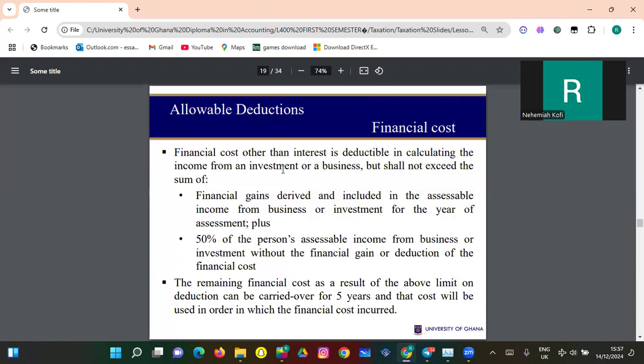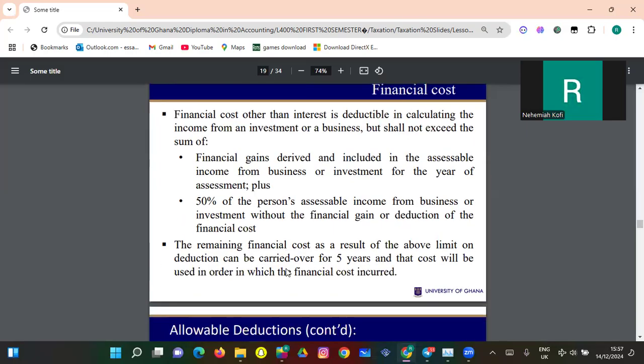So financial cost other than interest is deductible in calculating the income from an investment or a business, but shall not exceed the sum of financial gains derived and included in the assessable income for the business, then 50%. Okay, this is what I just read.